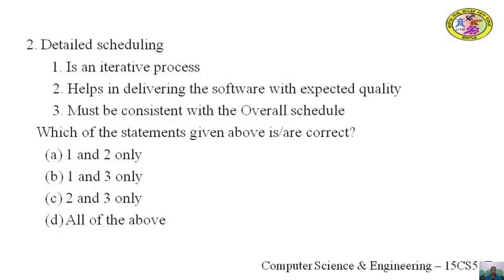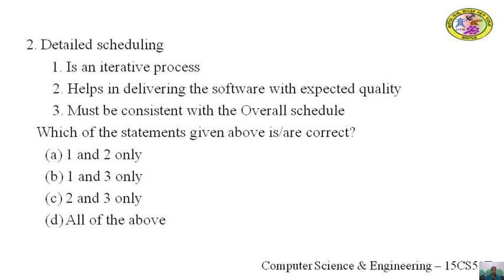The next question is, detailed scheduling: 1. Is an iterative process. 2. Helps in delivering the software with expected quality. 3. Must be consistent with the overall schedule. Which of the statements given above is or are correct?